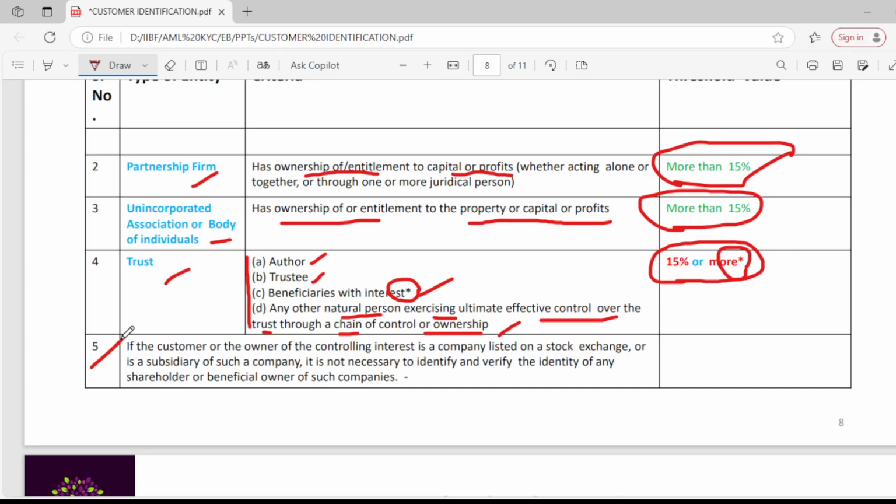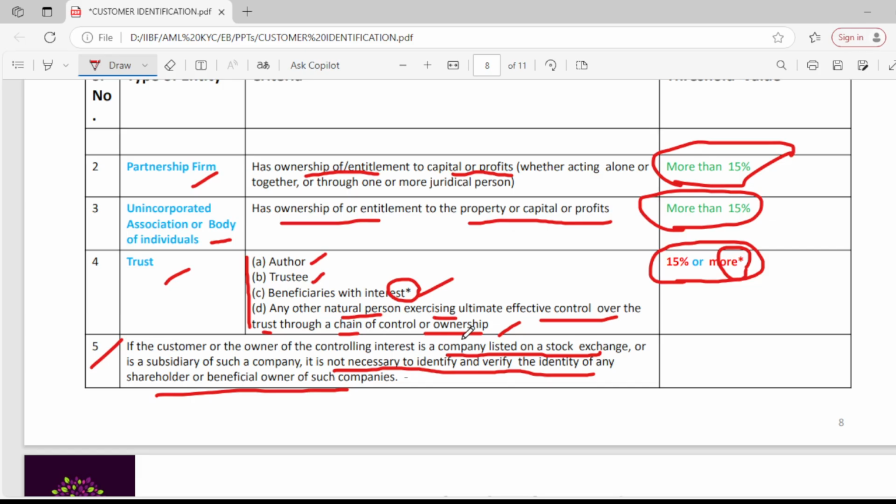Next, the final one. It is not necessary to identify and verify the identity of any shareholder or beneficial owner for a company listed on a stock exchange and subsidiaries of this company.